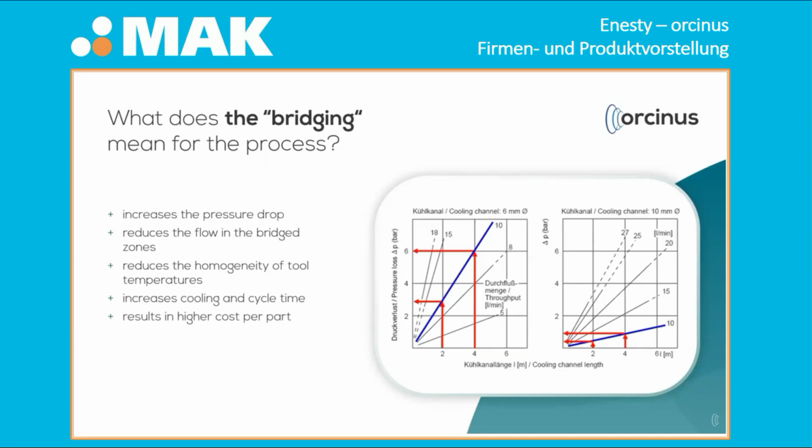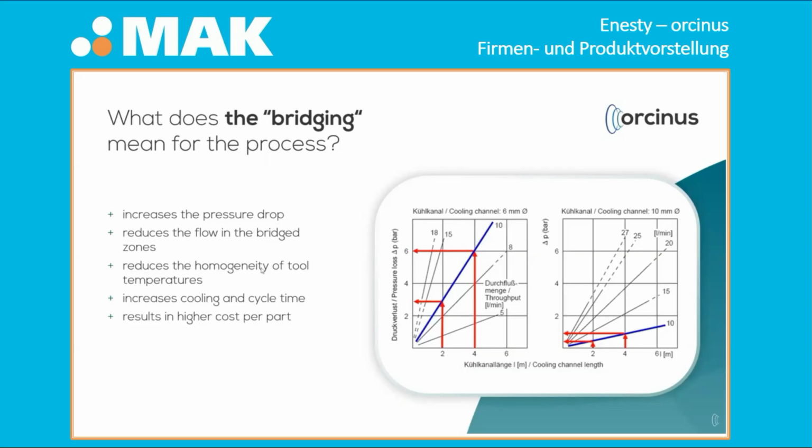And together with the effect that the temperature of the water is increasing so much, you have a not very effective cooling. We have it summarized here: increased pressure drop, and with the bridges, you have a problem with your flow and the pressure.